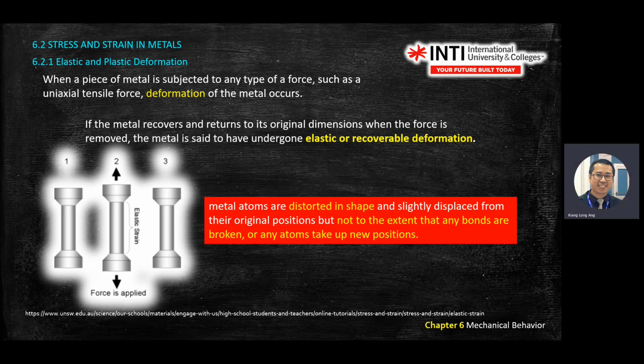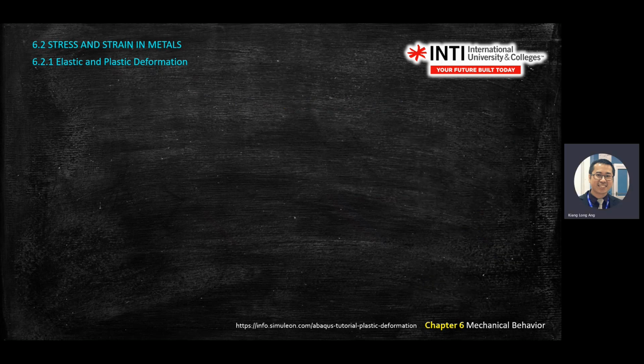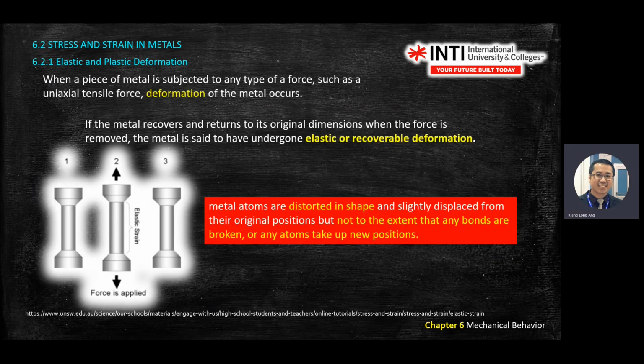So what are the keywords when we talk about elastic? Elastic means it can go back to its original shape. The keyword is it can go back to the original shape, or recoverable deformation.